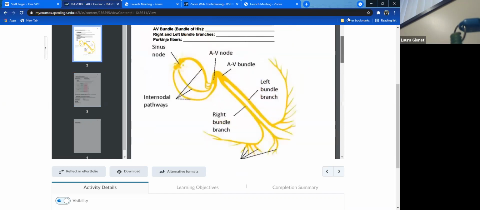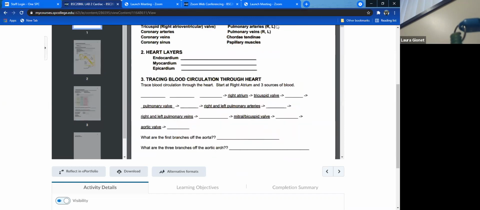Okay, so let's now switch to some of the images because that carries the most weight. Let me stop my share and then switch to the images.